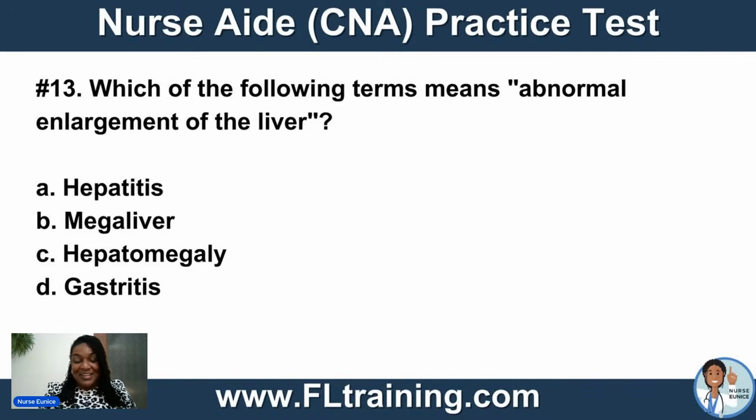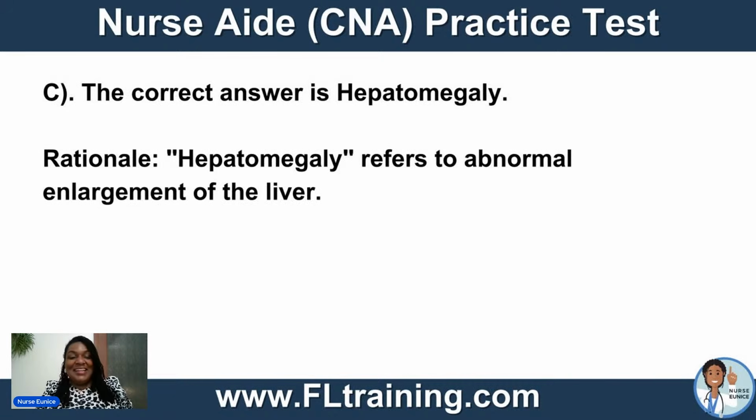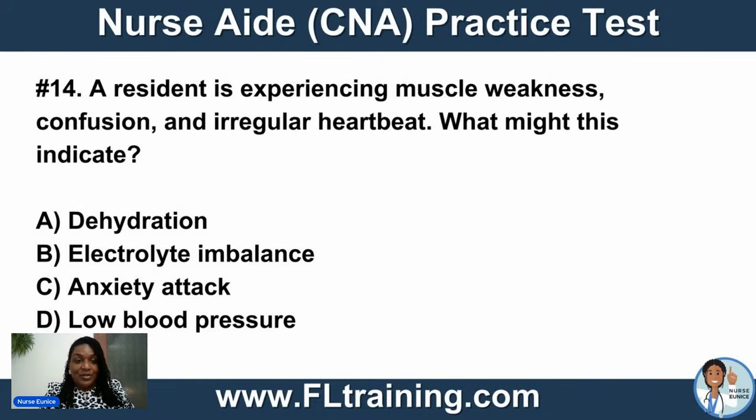All right, revealing the answer in 5, 4, 3, 2. Yes, Carolyn, I made up a word. So everybody chose C. There is no such thing as megaliver or whatever it is. So the correct term is hepatomegaly. So hepatomegaly refers to the abnormal enlargement of the liver.